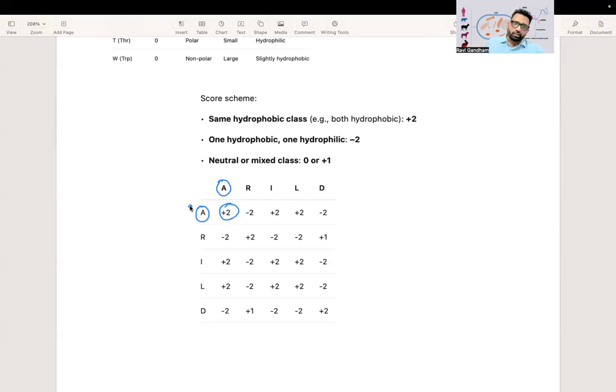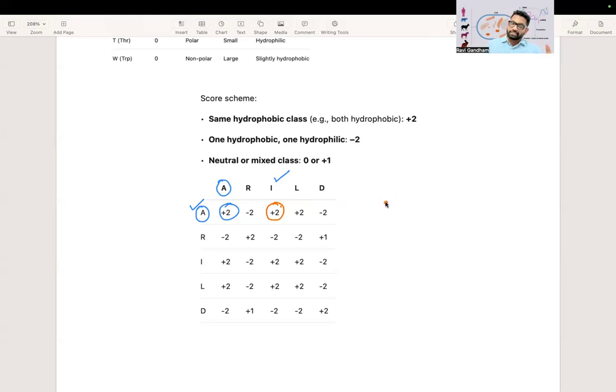However, when you are looking at alanine and isoleucine here, you are not giving it a negative score, but you still give it a positive score. The reason why we give it a positive score was already known to you previously, because I told you, even if there is a substitution, if at all a positive score is given, it means that this substitution is because both of them belong to a similar group.